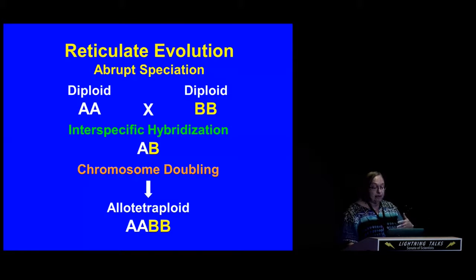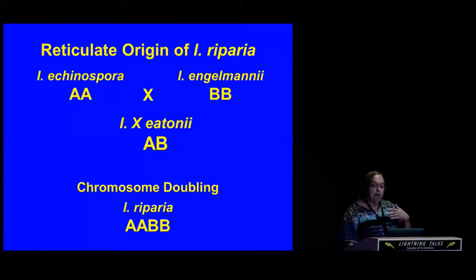In the case of these two species, that is in New England and the mid-Atlantic, where they come into contact. When two diploids hybridize, often the interspecific hybrid is sterile, and the way plants overcome this is by chromosome doubling to give what are called allotetraploids. I'm going to show you sequence from Isoetes riparia, which occurs in the mid-Atlantic, and we also have sequences for Isoetes x eatonii, which is a sterile hybrid.